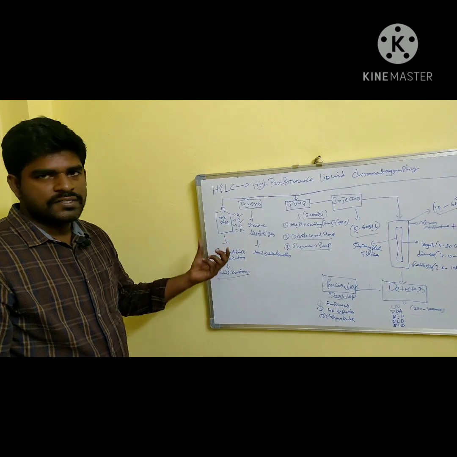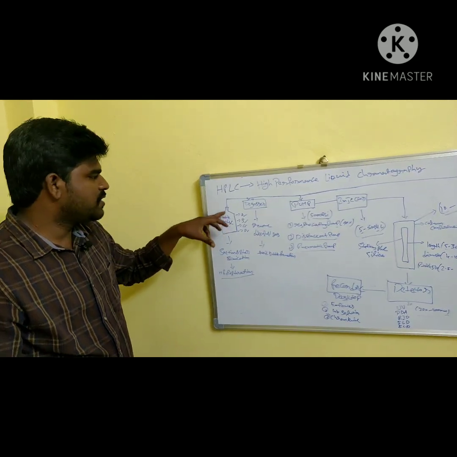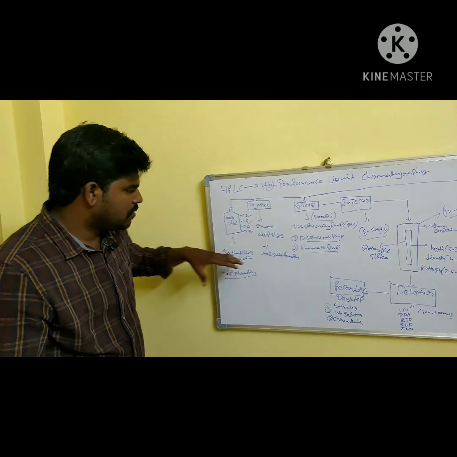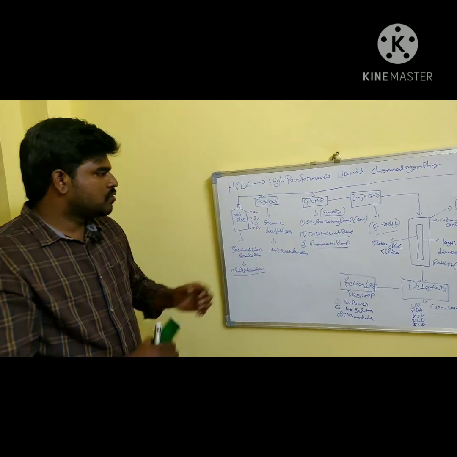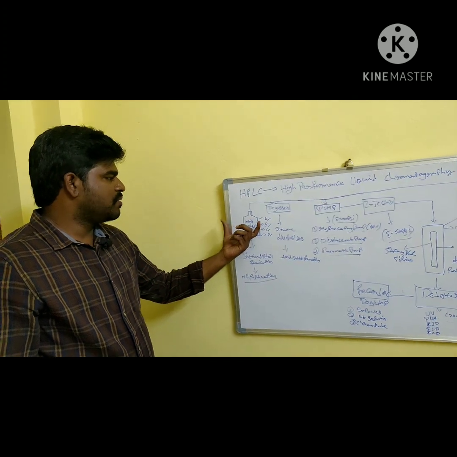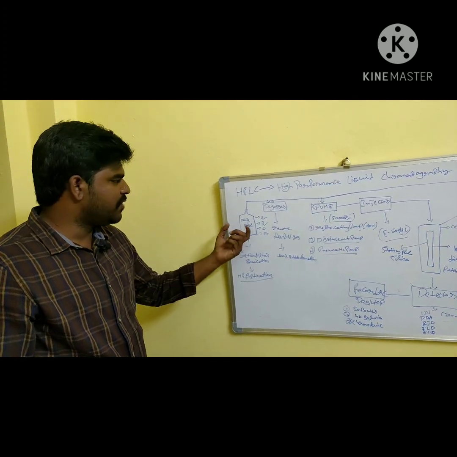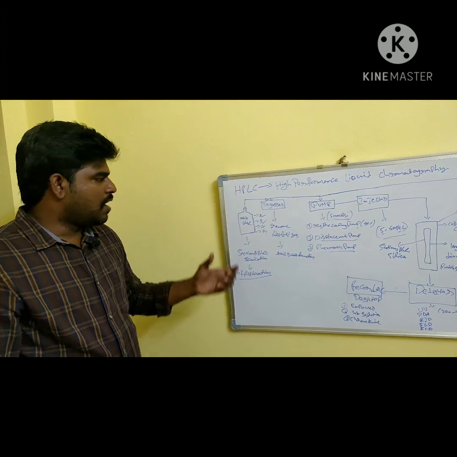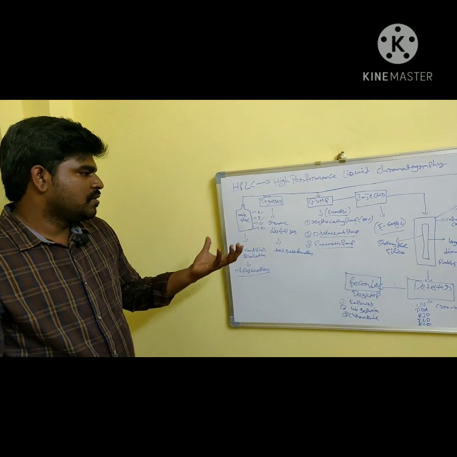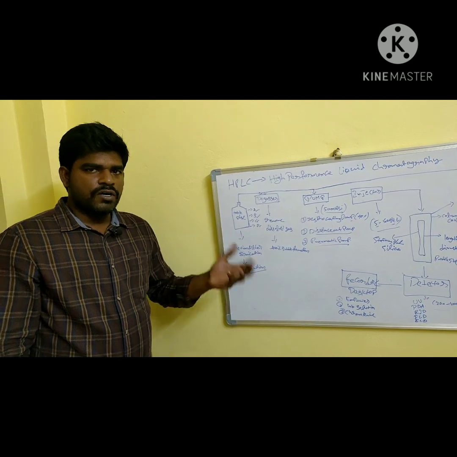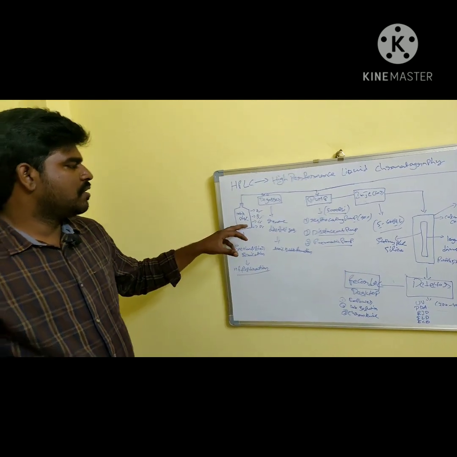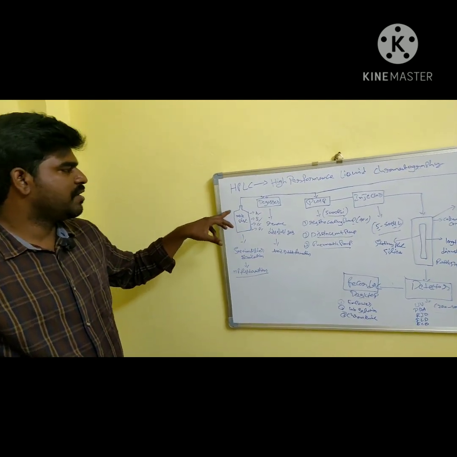If your suction filters are not good, the mobile phase flow will not reach the pump constantly. To avoid that kind of problem, we need to sonicate the suction filters in 6 normal nitric acid. After that, we sonicate again for 5 or 10 minutes with water or methanol. Then we can keep them in the respective lines and use them.